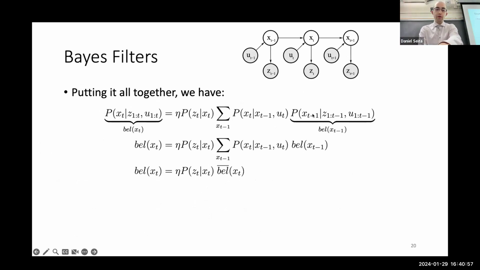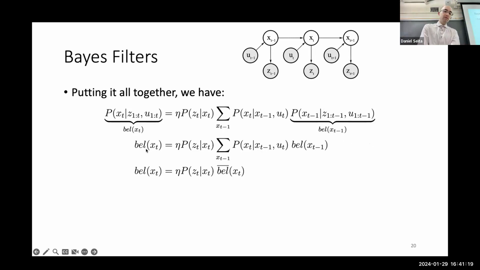And this thing here is straight from the last line on the prior slide. So you have the probability of xt minus 1 conditioned on v 1 to t minus 1 and u 1 to t minus 1, and that is your belief of xt minus 1.